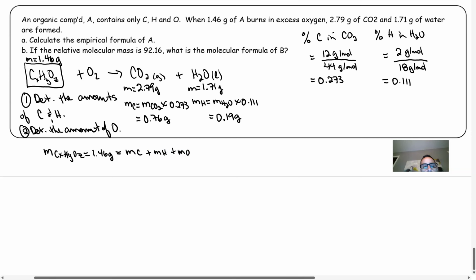I know the mass of carbon and hydrogen, and I don't know the mass of oxygen. So the mass of oxygen is going to be equal to 1.46 minus the mass of carbon plus the mass of hydrogen put together. So 1.46 minus (0.76 plus 0.19). All right, let's see what we get.